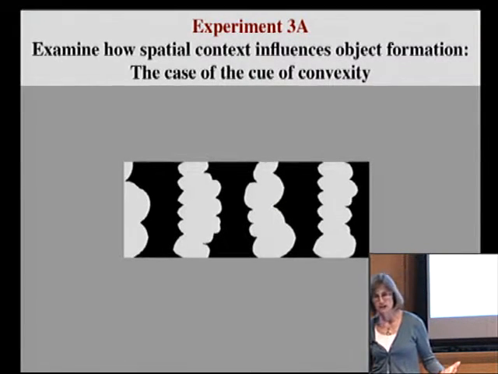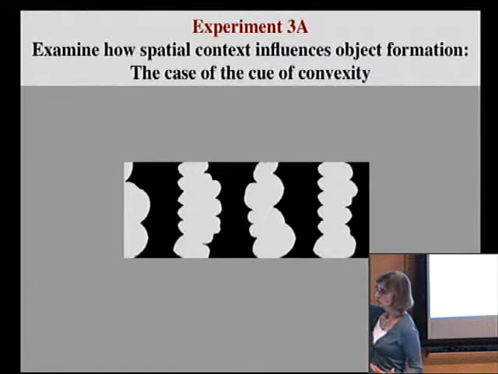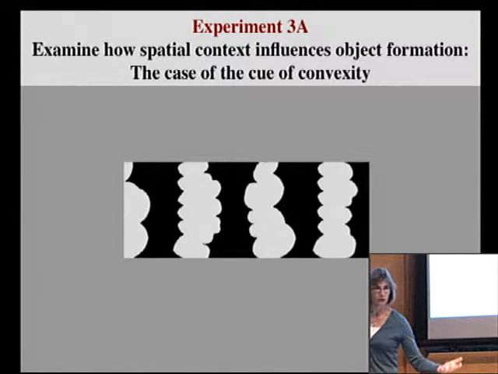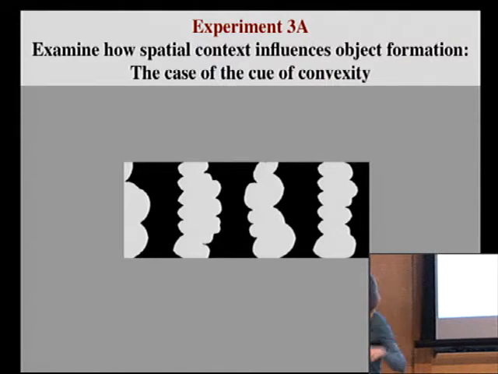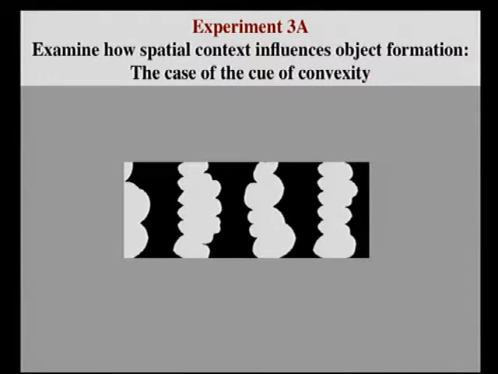And the Gestalt psychologists had lots of these displays. They just show them to people and say, what color region do you see as figure? How many people see the white regions as figure here? Okay, most of you. Those are the convex regions here. Those are the ones that are bulging outwards. Of course, one would want to make sure it wasn't just white versus black, so half the displays would have the convex regions black.